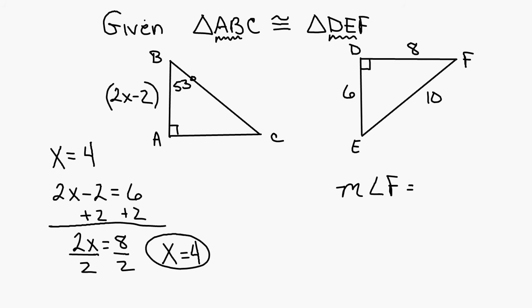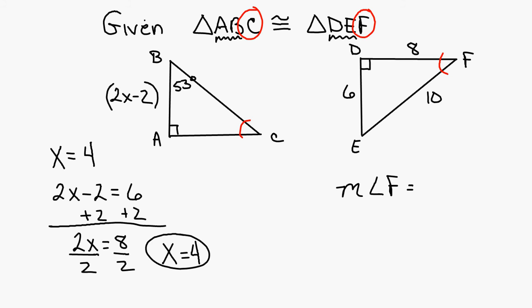Now they want the measure of angle F. Angle F corresponds to which angle? F, third in the description, corresponds to C, which is third in the description. So C is congruent to F. The two acute angles in a right triangle are complementary.